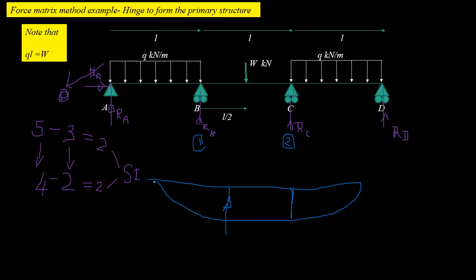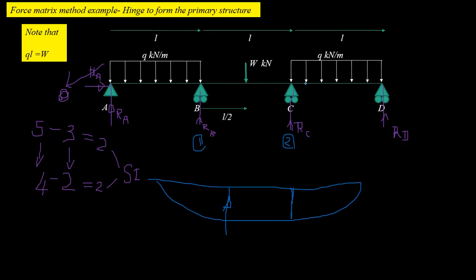In such a case, the best way is to form a hinge. That means we are not actually removing any redundant, but literally setting this bending moment to 0, so that we can separate each part into 3 spans like we did before.